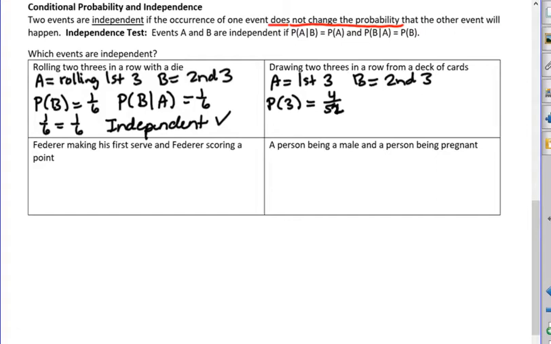But what's the probability of B given A? What's the probability of drawing a second 3 given that I've already drawn a first 3? Well, once I've drawn a first 3 out, there's only 51 cards left, and there's only 3 3s left. So since 4 out of 52 does not equal 3 out of 51, these events are not independent.